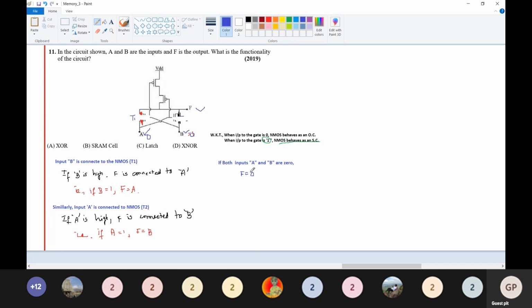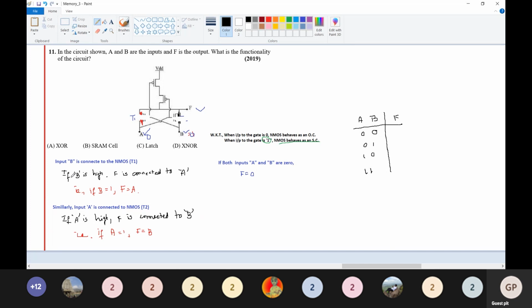So now we'll check this with our truth table. We have two inputs, A and B, and F is the output. The possible combinations are 0 0, 0 1, 1 0, and 1 1.